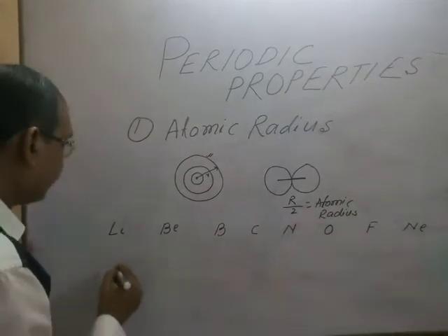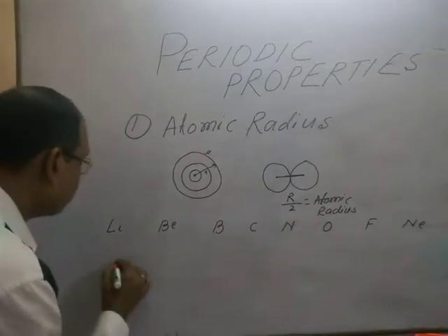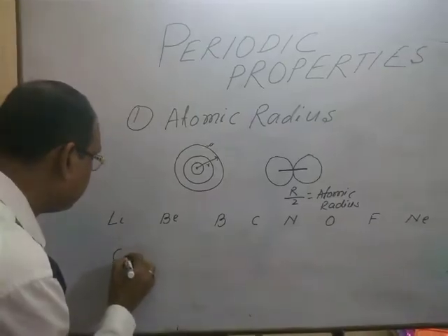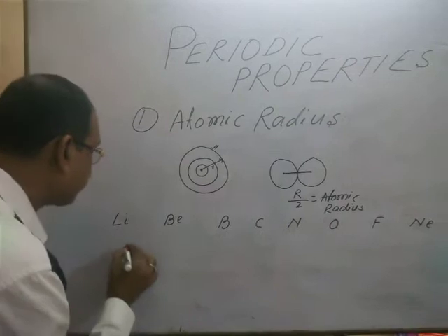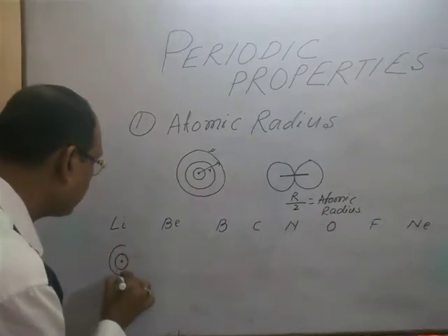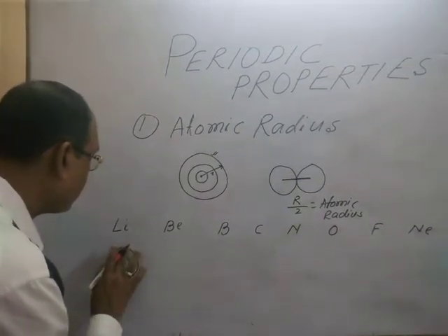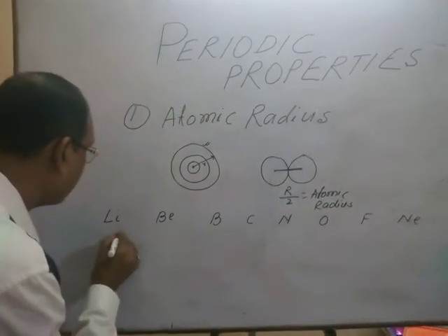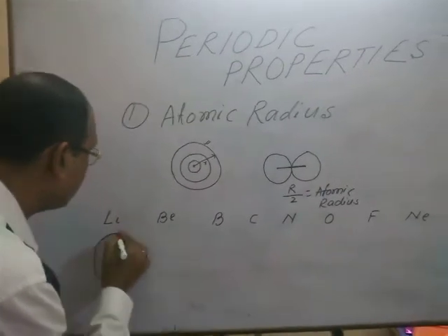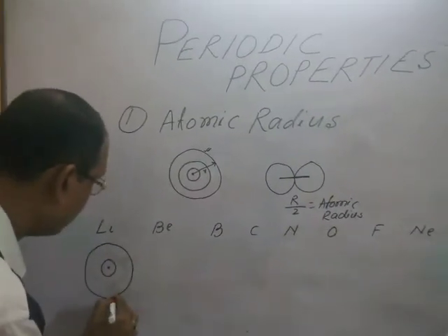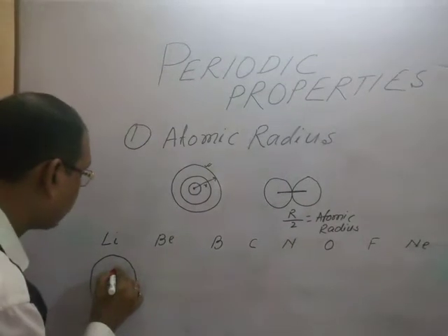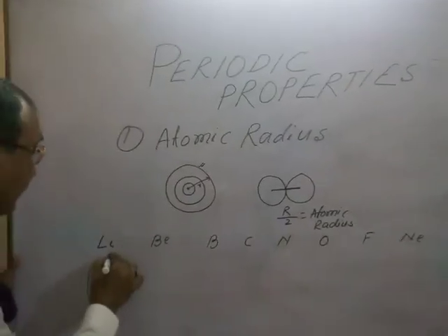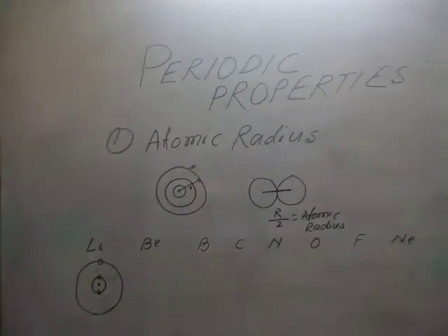In case of lithium, if this is the nucleus, here the number of electrons is 2 and here the number of electrons is 1.